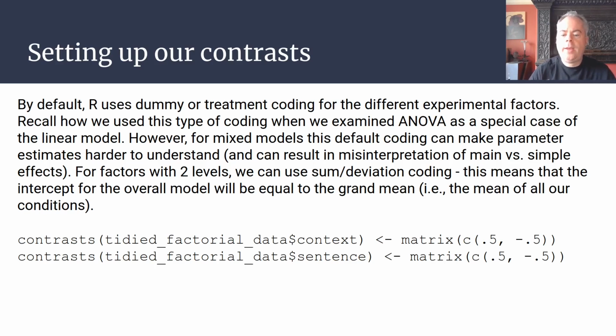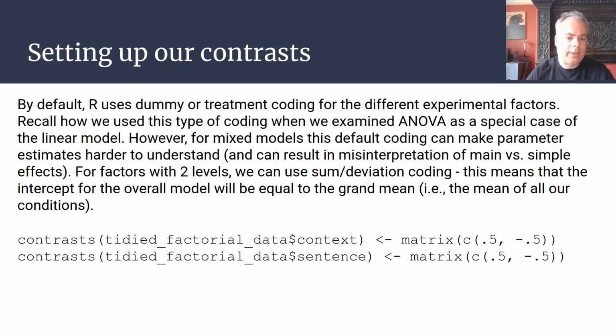In other words, the intercept of our model is equal to the average of all our different experimental conditions. And that makes it a lot easier to interpret the parameters in our model, and also means that when we're interpreting main effects of our different experimental factors, they really are main effects rather than simple effects. So it's important from that point of view as well.